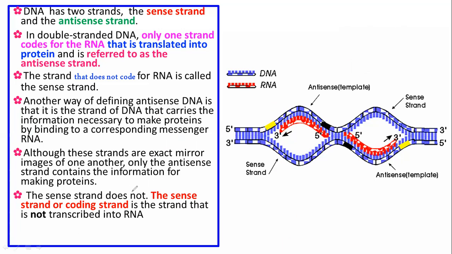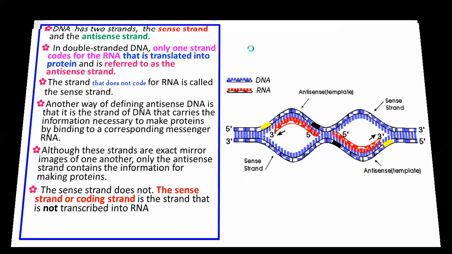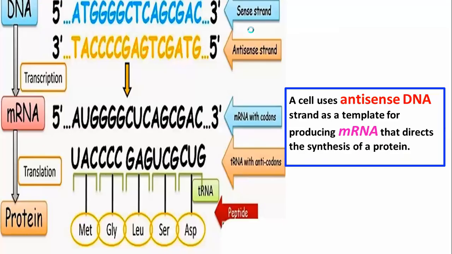So the sense strand does not help in making messenger RNA. That's not going to make the messenger RNA. You need to remember which one is acting as a template for protein synthesis: the antisense strand, which you just synthesized after the DNA replication.